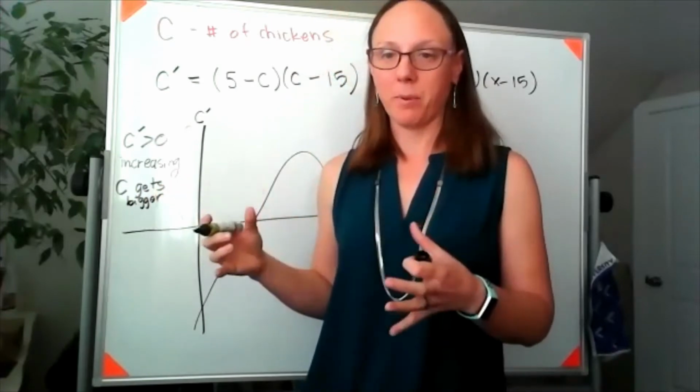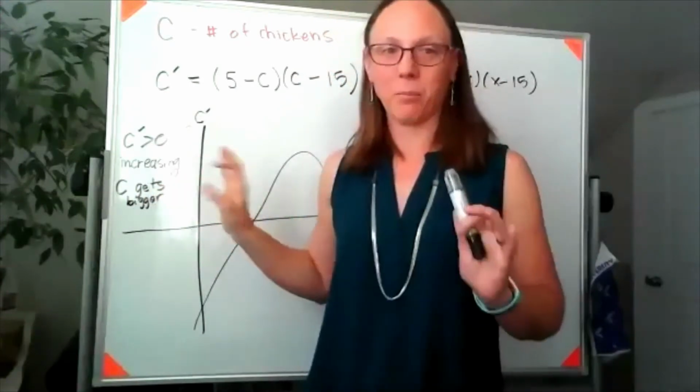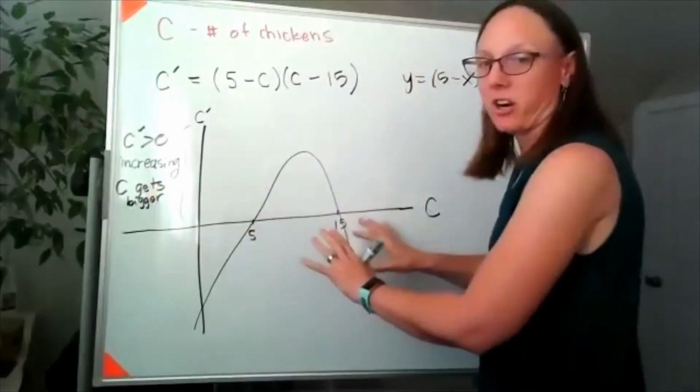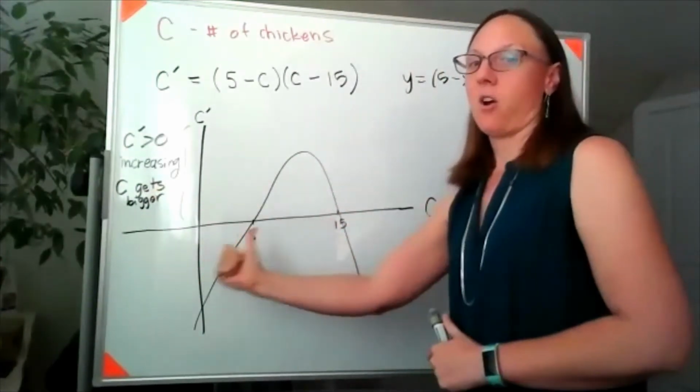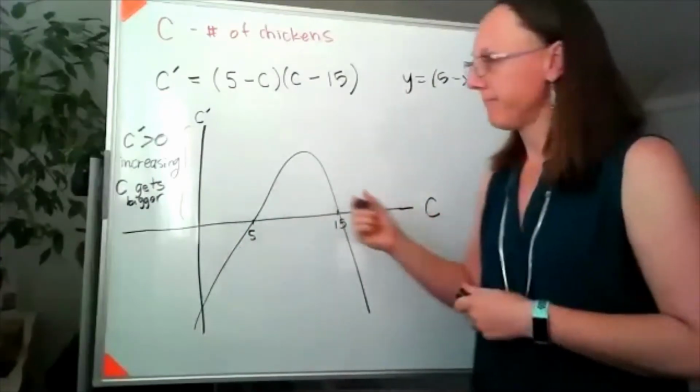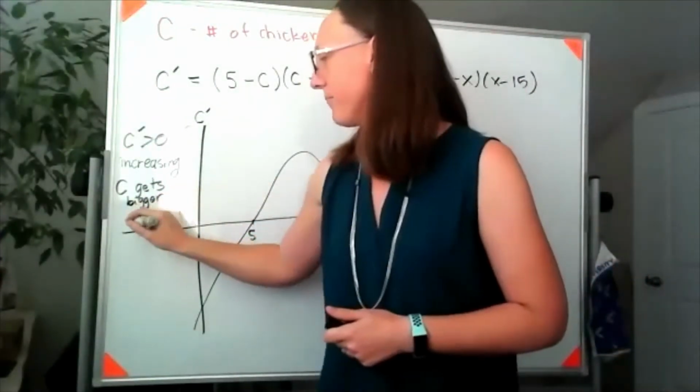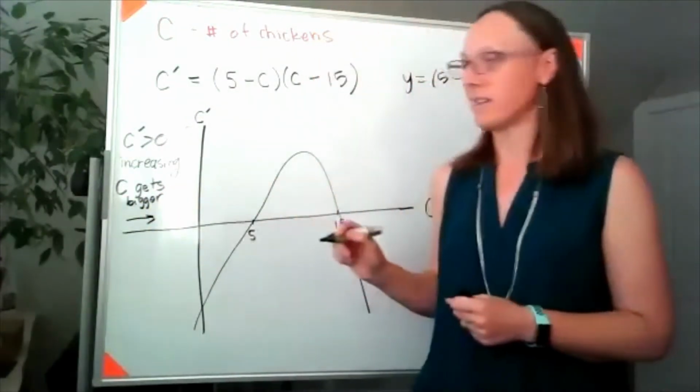Now, the one last step here that I need, if C is getting bigger, then on this picture, the bigger values of C are towards the right. So we move towards the right.